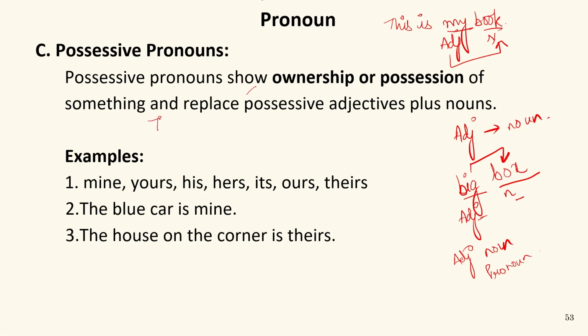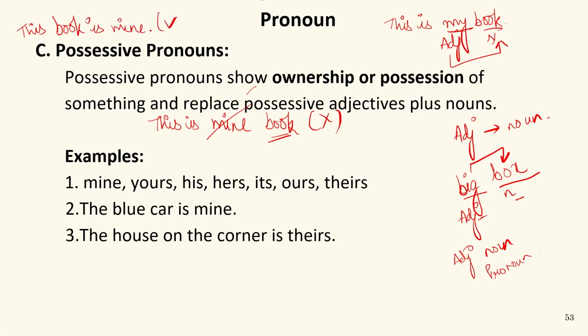Now, if I say "this is mine book," of course, this is incorrect. Why? Because book is a noun, and to qualify a noun we only require an adjective. So "mine" is incorrect there. Instead we can write the sentence as "This book is mine." Now the sentence is correct.